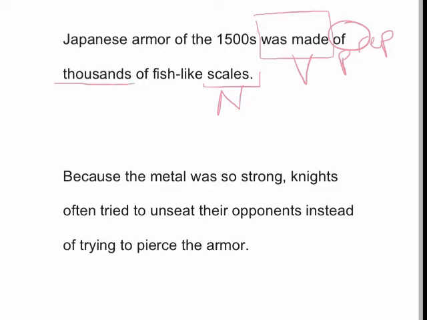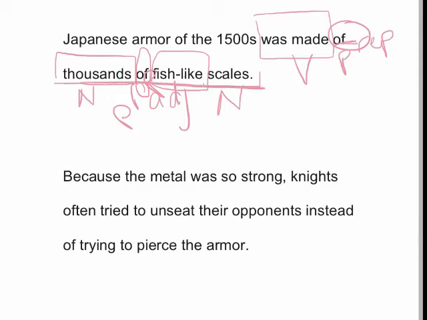Now, lots of you put thousands as an adjective, but it's actually a noun. It's giving you a number of something. Thousands of fish-like scales. Fish-like stays together and is an adjective. And here's another preposition. So really, you've got two prepositional phrases squished next to each other here.